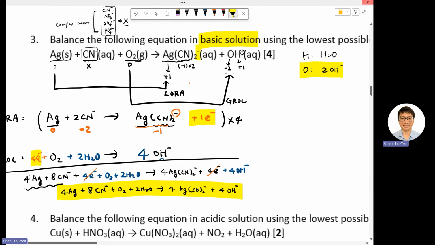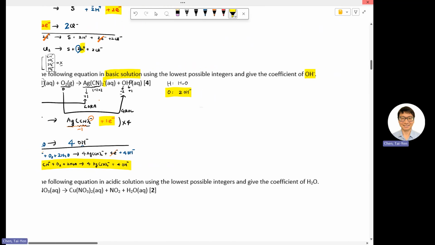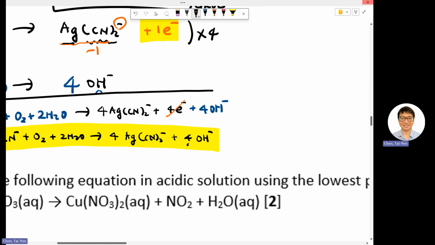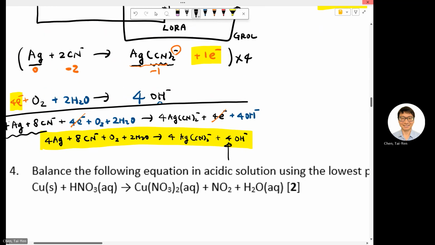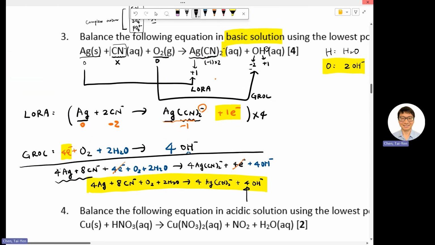And then here we're looking for the coefficient in front of your OH minus. Therefore, the answer will simply equal 4. So two interesting things in this question: we start to see the so-called complex anions.